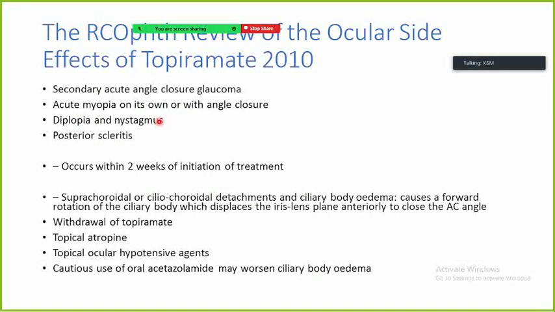More than these two are common, generally within 2 weeks of initiation of treatment. What we should do is stop topiramate immediately. You can give atropine or tropicamide. I didn't give any hypotensive agent as the eye pressure was 30. I just gave tropicamide, which was available because atropine is not freely available now.